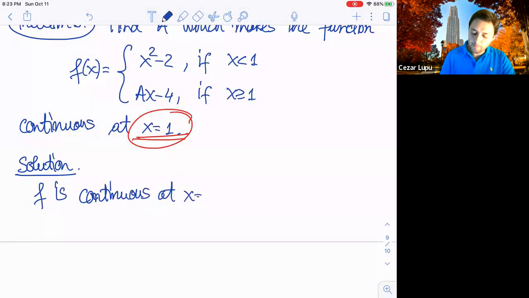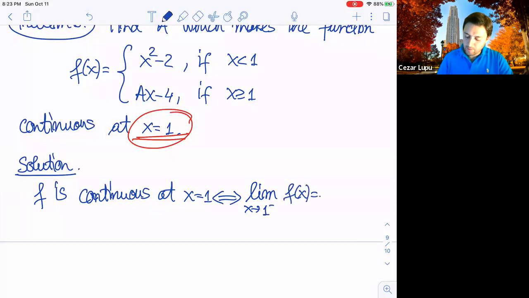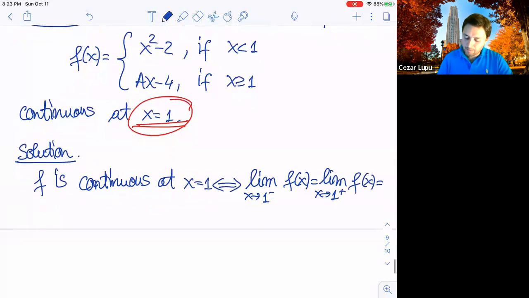So f is continuous at x equals 1 if and only if the limit as x approaches 1 from the left of f of x is the same as the limit as x approaches 1 from the right of f of x, and is the same as the value of f at 1.